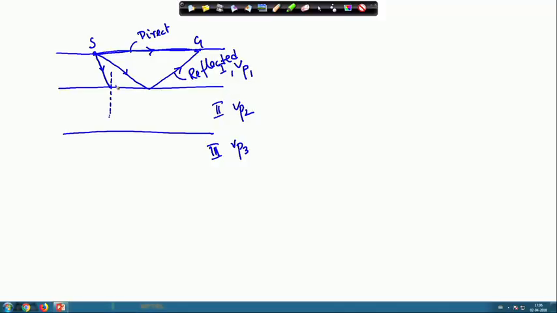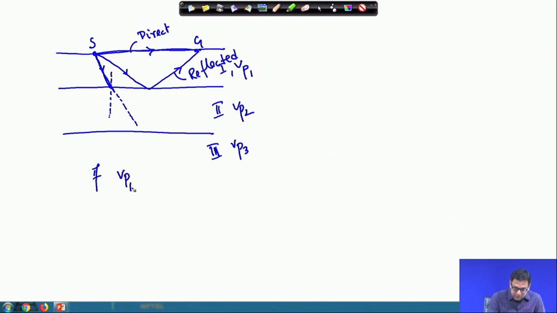So, now this is the direction of the wave. Suppose Vp1 is greater than Vp2, that means this is the high speed material, this is the low speed material. So, the wave will be refracted towards the normal.